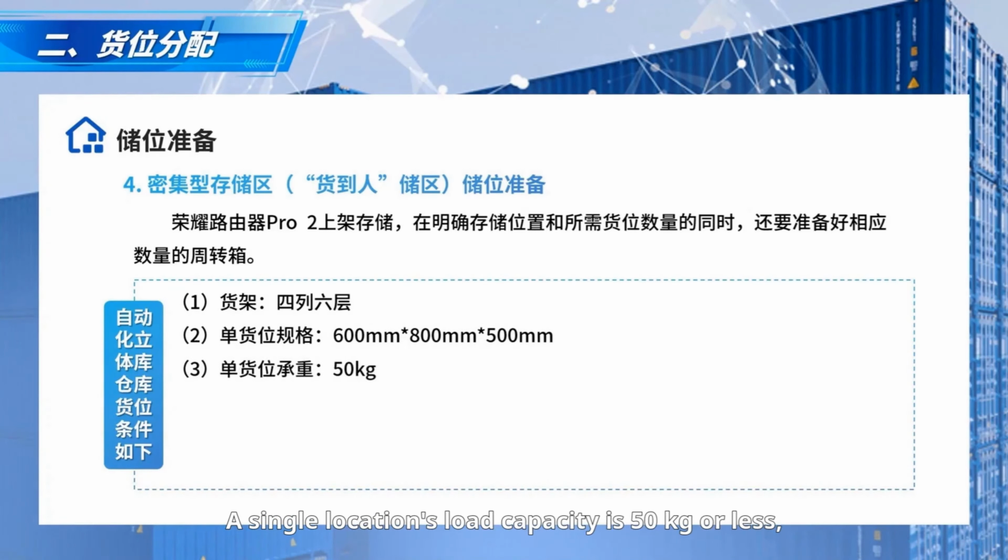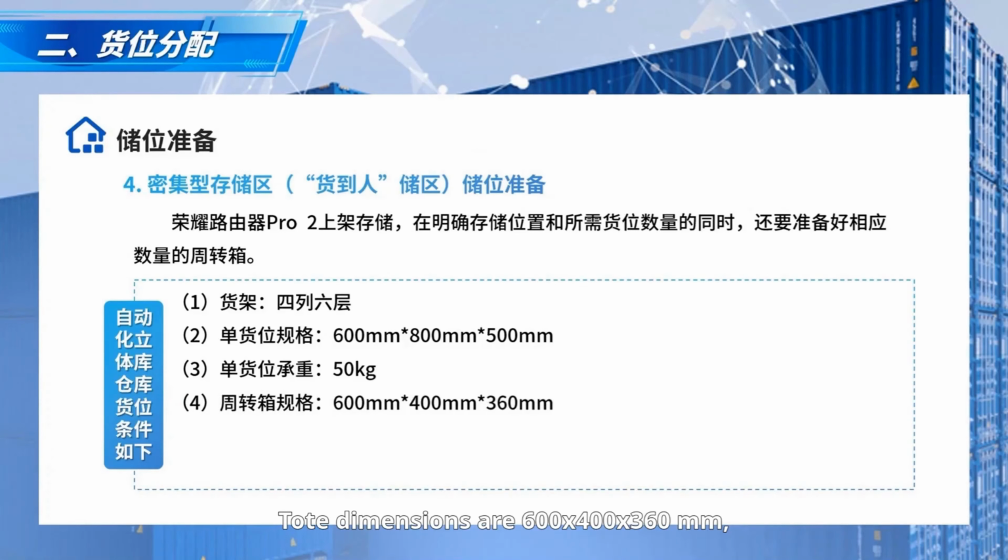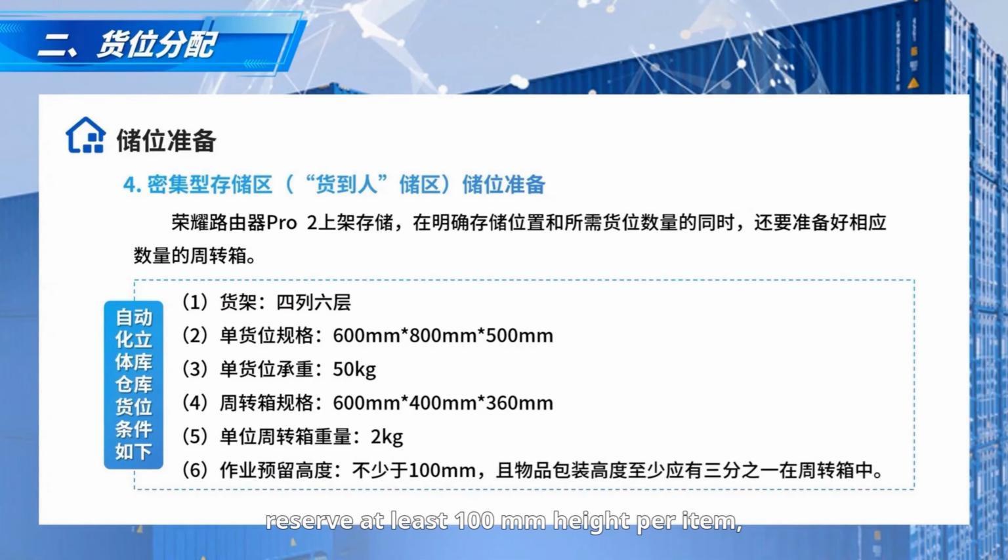A single location's load capacity is 50 kilograms or less. Tote dimensions are 600 x 400 x 360 mm. A single tote weighs 2 kilograms. Reserve at least 100 millimeters height per item. Item package height should be at least 1.3 times the tote.